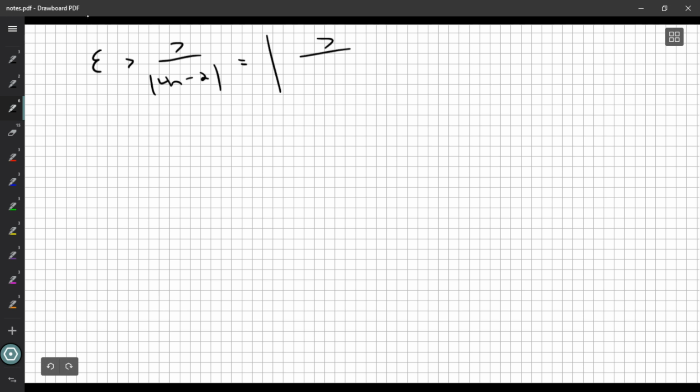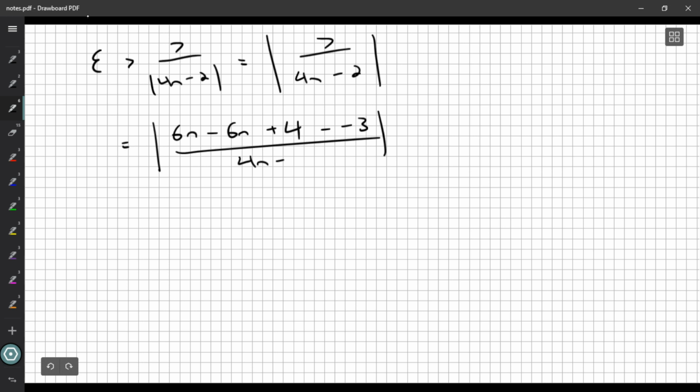Okay, put everything in absolute values. And then, what was it? Break the 7 up into, it was 6n. The 6n's cancel, and then we can write 7 as 4 minus negative 3. Now split things up.